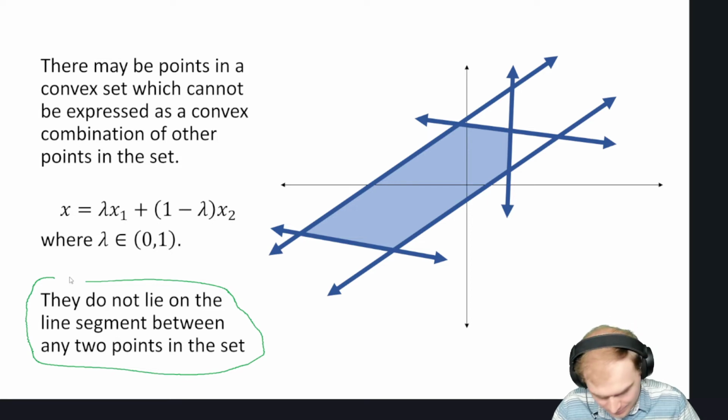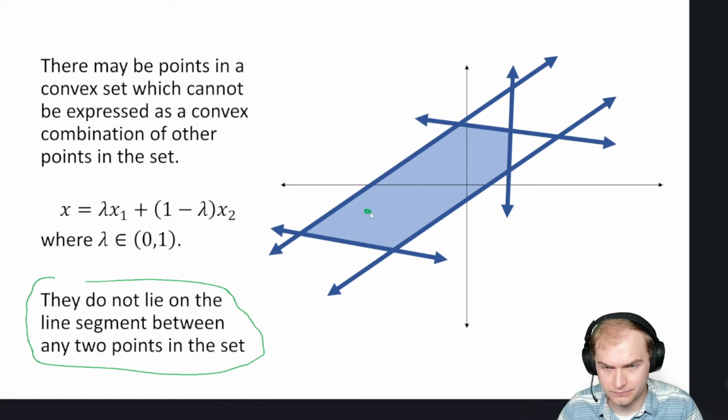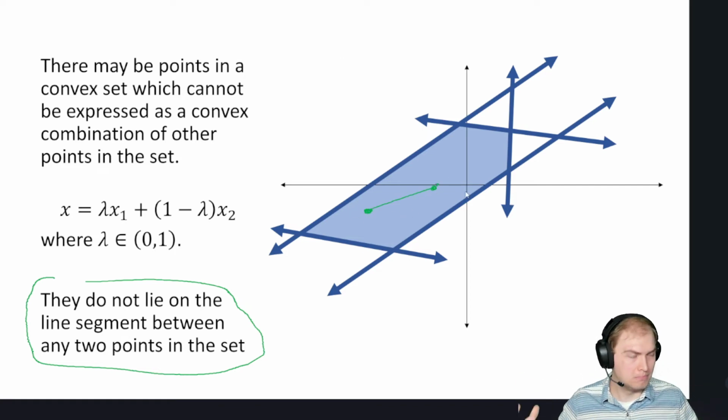So most of the points in our convex set can be expressed as parts of a line between 2 other points. Extreme points are the exception. They're the points that cannot be expressed this way. That's their definition. And we'll talk about what that means.